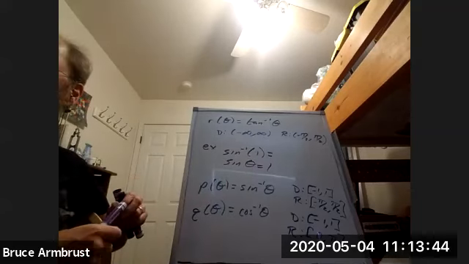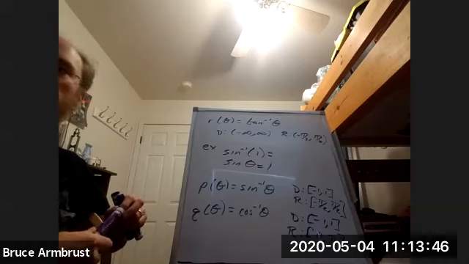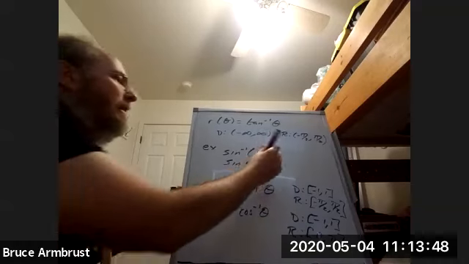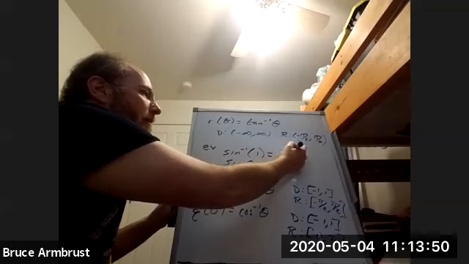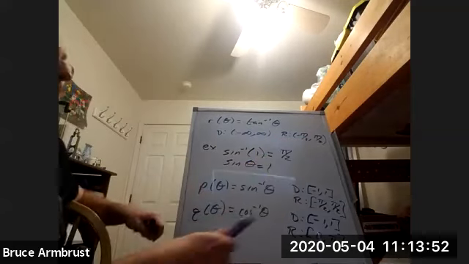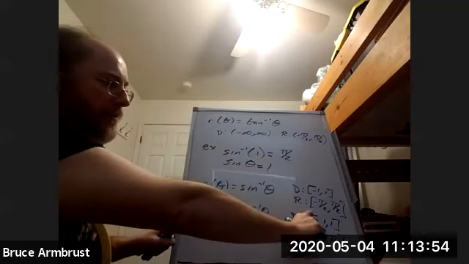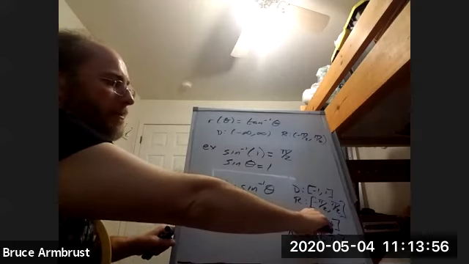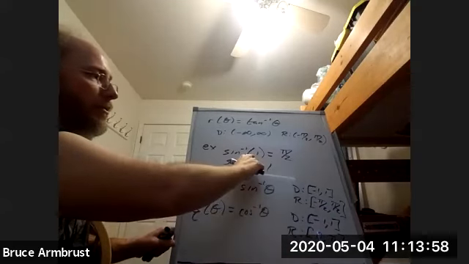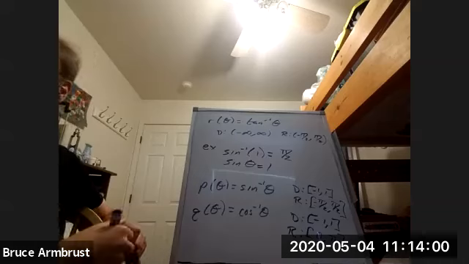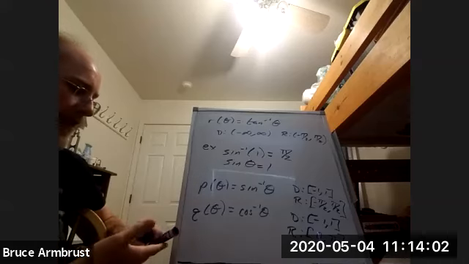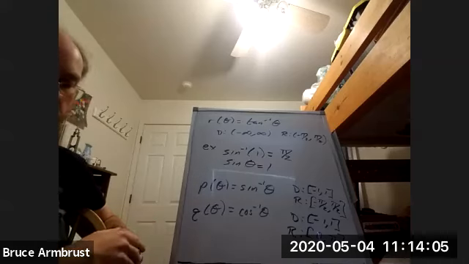So Bella just put up on the chat π/2, and that is exactly what we're going to get, because that's the angle that's in the range of inverse sine, whose sine value is equal to 1. So this is literally just going backwards on our chart.